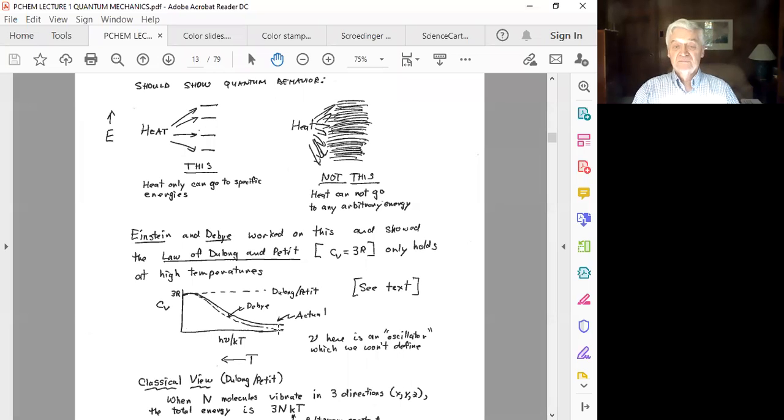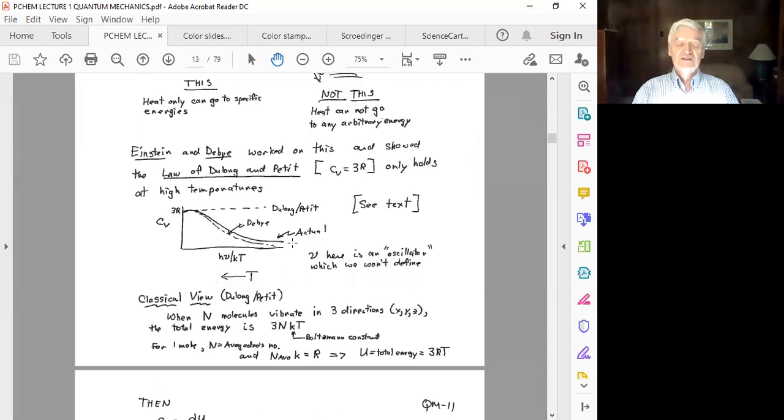Well, it turns out this was explained by the model that we have up here, that it has to go into specific energy levels. Maybe you've learned this in chemical engineering, but the classical view, according to Dulong and Petit, was that if you have capital N molecules, and they each vibrate in 3 different directions, the total energy would be 3NkT, k being the Boltzmann constant.